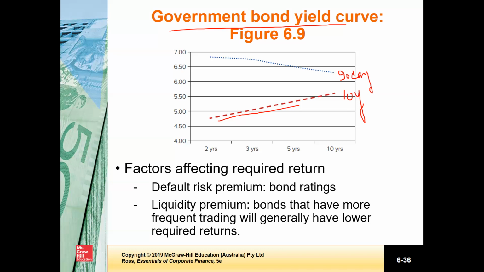The first thing to consider is credit risk, or default risk. Investors recognize that issuers other than the federal government may or may not make all the promised payments on a bond, so they demand a higher yield as compensation for this risk. This extra compensation is called the default risk premium.